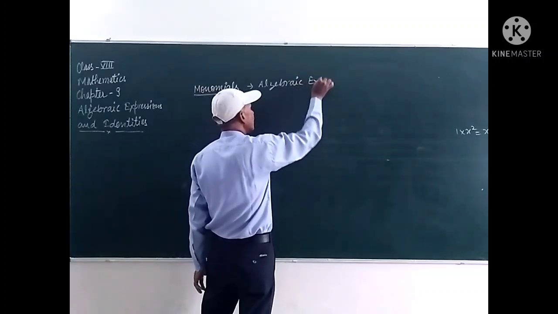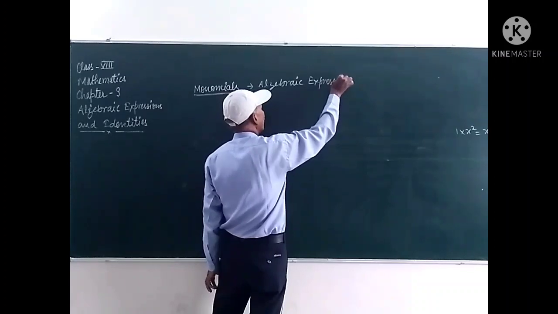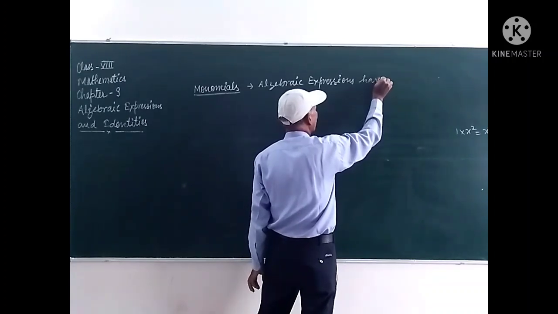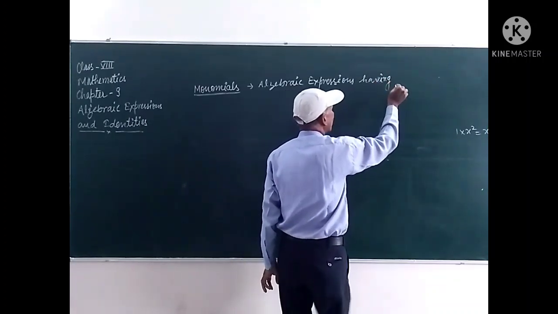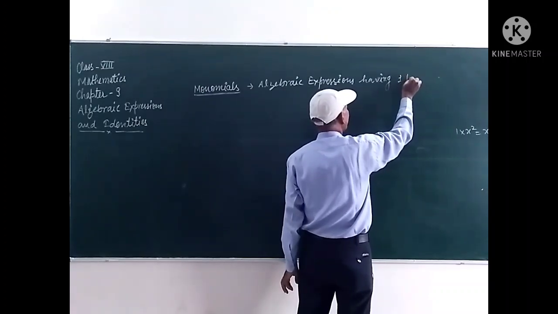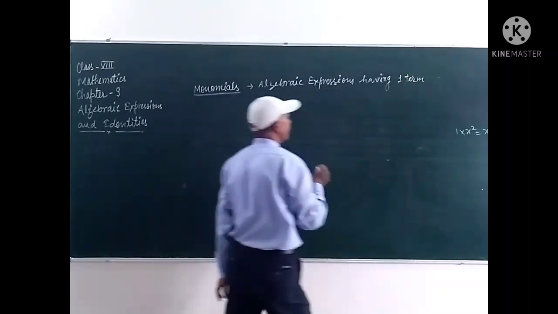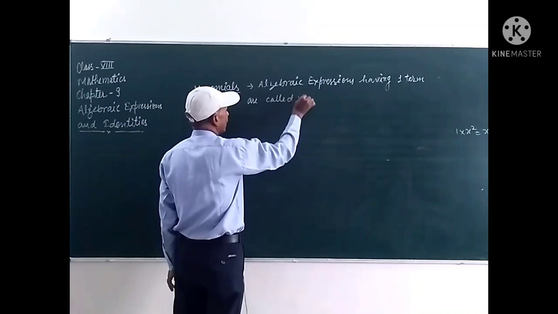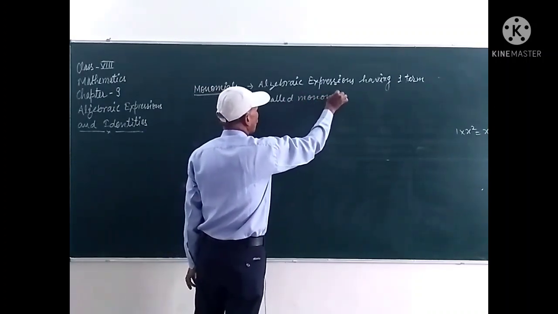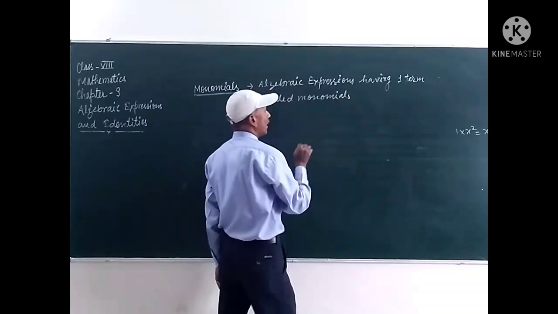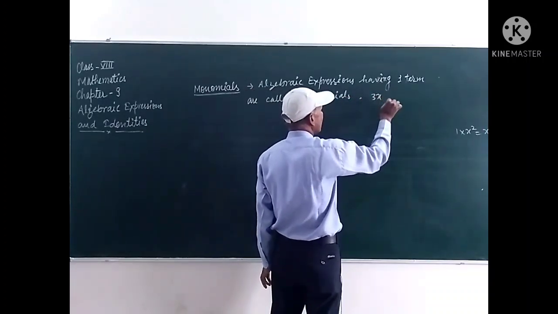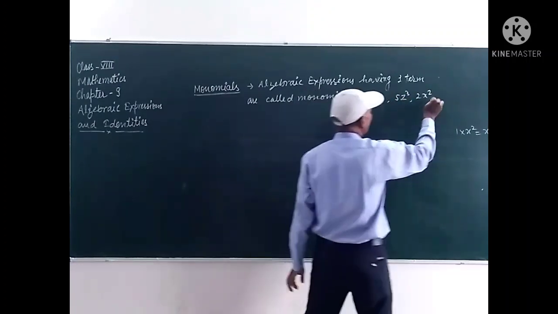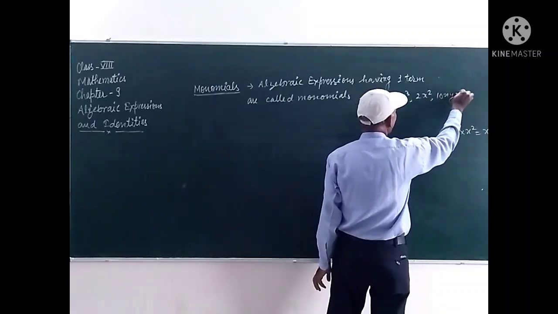Algebraic expressions having one term, or single term, are called monomials, like 3x, 5z cube, 2x square, 10xyz.